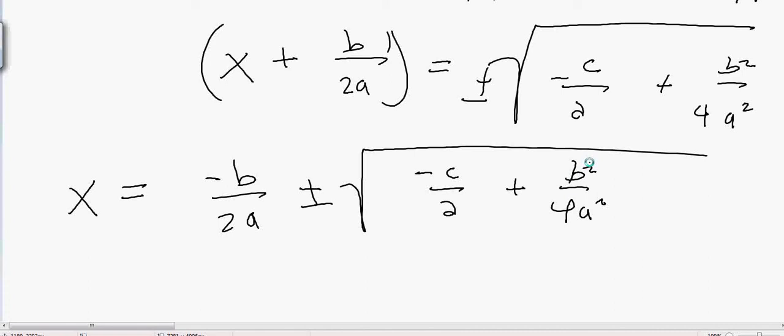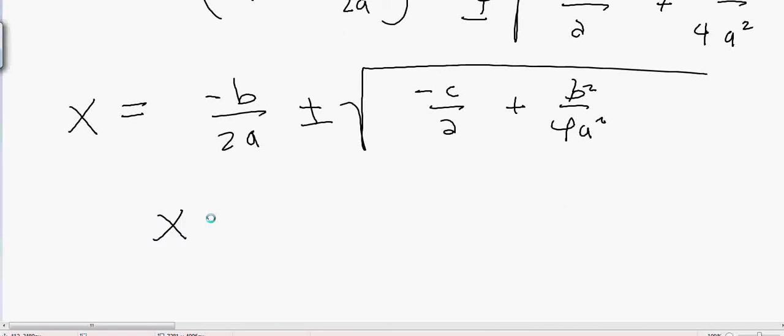Alright, and then over here we would just want to create a common denominator, right, over 4a squared. So it'd be x equals negative b over 2a plus or minus the square root.